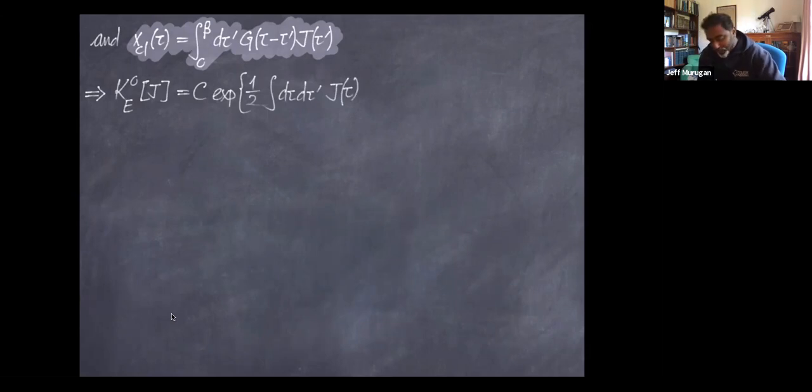That was the original j that we had. And now the x classical gives us a g of tau minus tau prime, j of tau prime, and I integrate with respect to tau and tau prime. And let's close braces there. Okay.